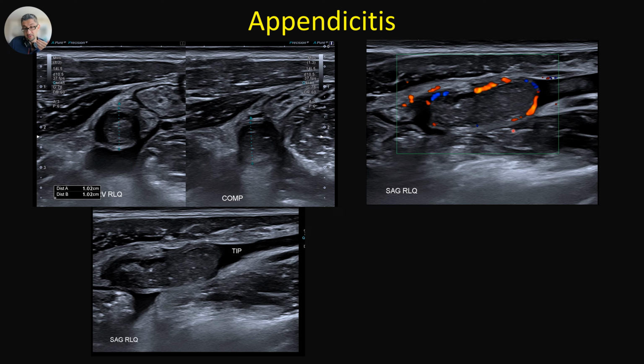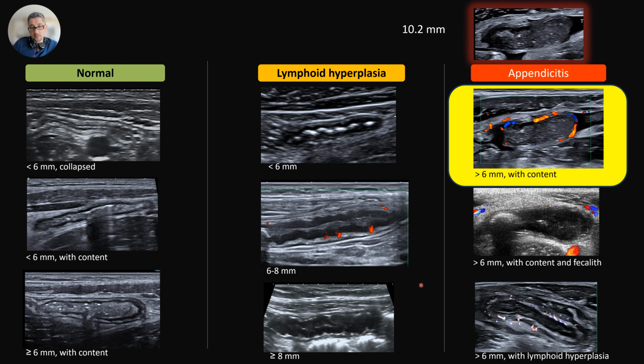There is hyperemia. This is actually not normal. This appendix falls into the category of the first one, an appendicitis over 6 millimeter with content measuring 10 millimeter.